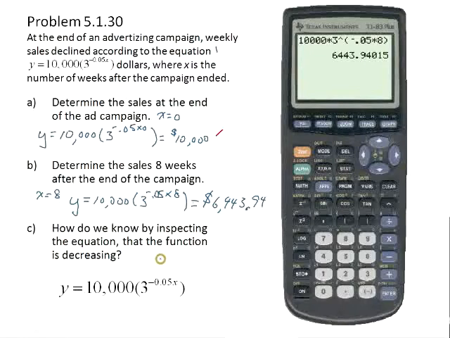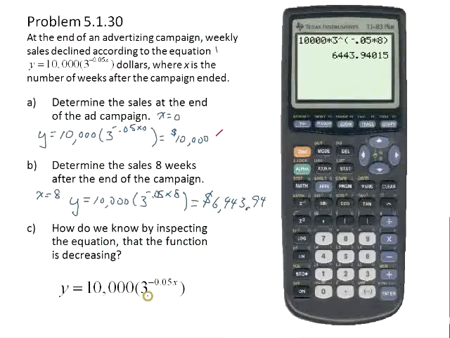The next question is one that's just a little more thought-provoking. It asks how we know by inspecting the equation that the function is decreasing. This is an exponential function, and the base is 3. 3 is greater than 1, but our exponent is a negative 0.05 times x.